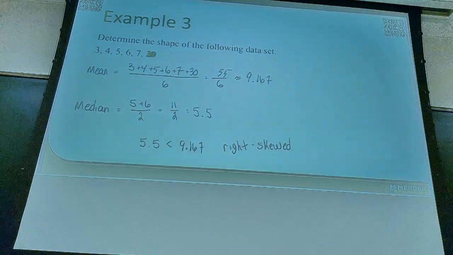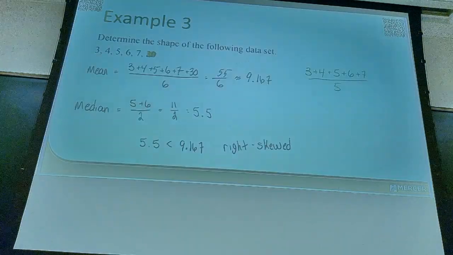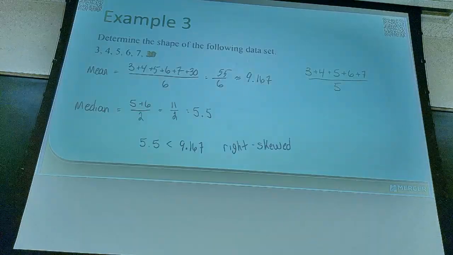So if we take out 30 and do the same thing, well, 55 minus 30 is 25. 25 over 5 is 5.